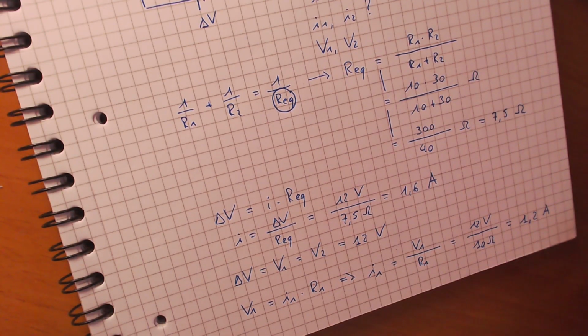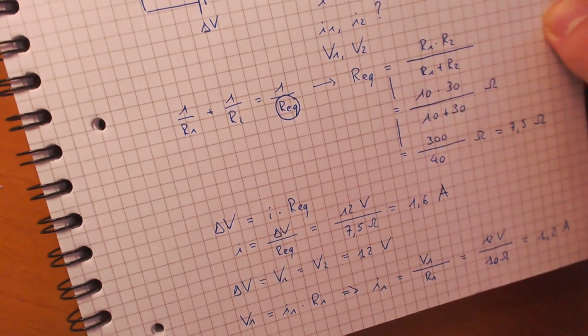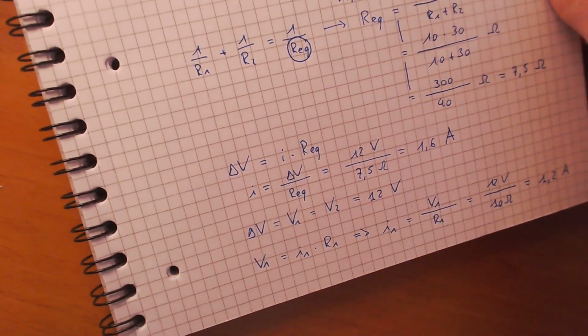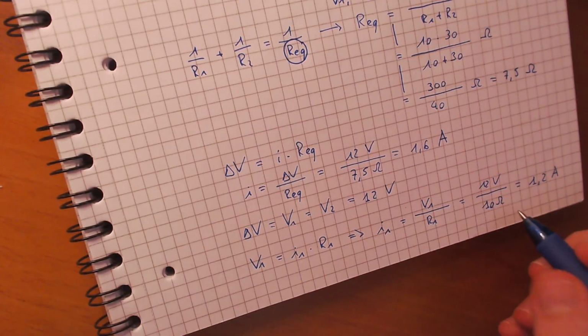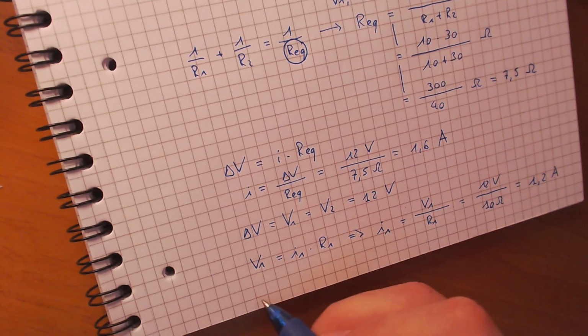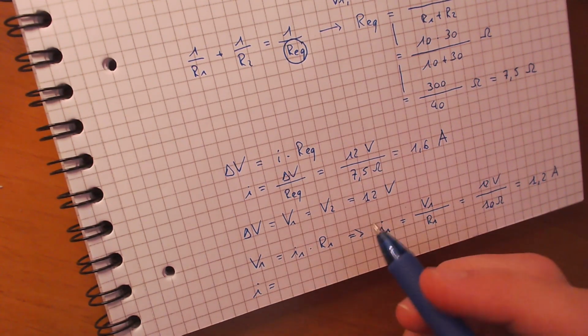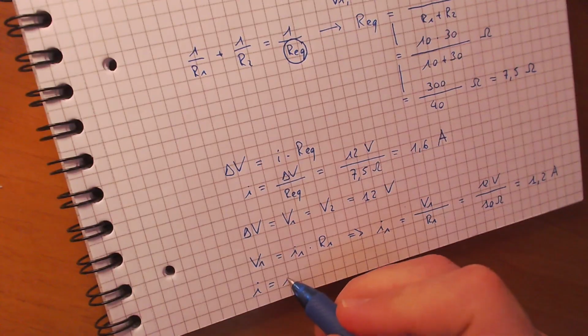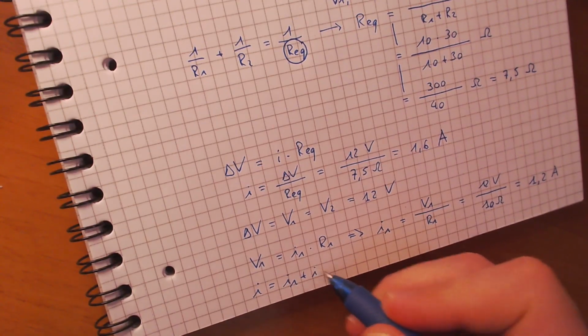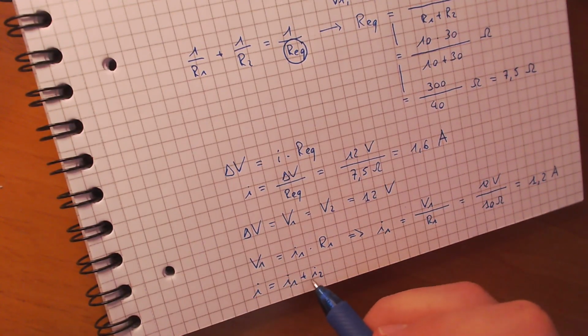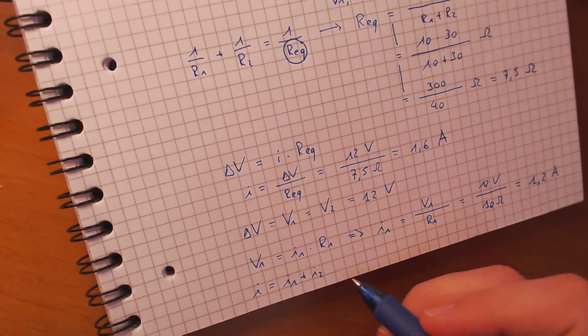The second current, I2, can be calculated in the same way, or we can also find it knowing that I, so the current flowing through the system, is given by the sum I1 plus I2, and this law is the Kirchhoff's current law.